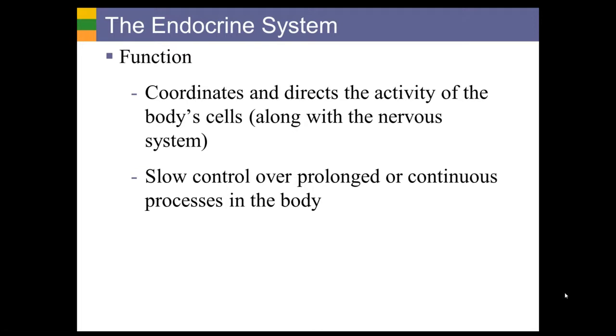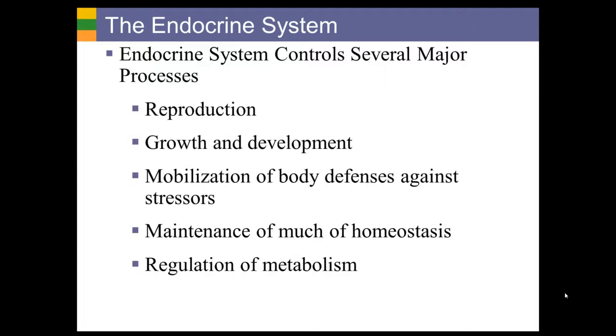It controls processes that are either continuously going or that occur over long periods of time, like growth and maturation. So when we think about what the endocrine system controls, they are major processes, and they either occur over long periods of time or they are ongoing, such as reproduction.